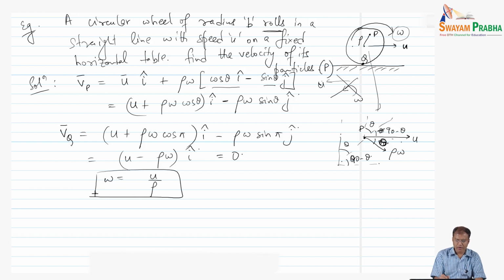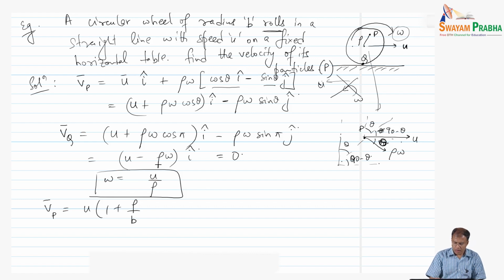So from here we find the angular velocity in terms of the radial velocity, and from here we can find our general velocity Vp to be u times 1 plus rho by b, well, what do we have?